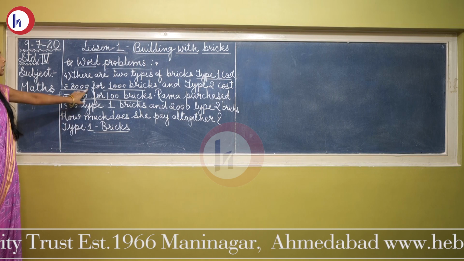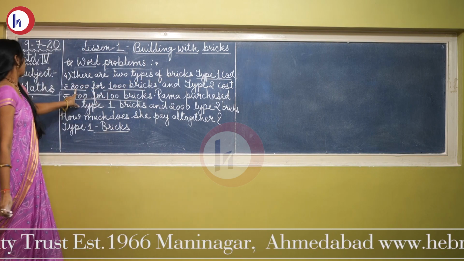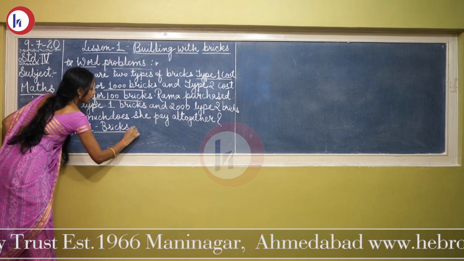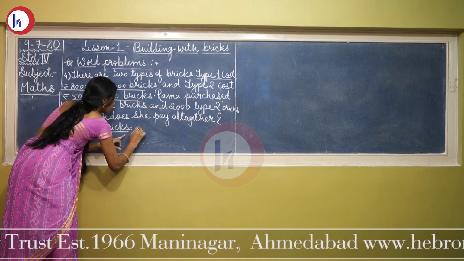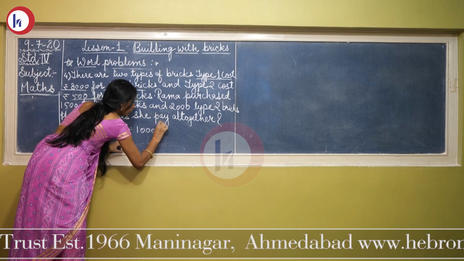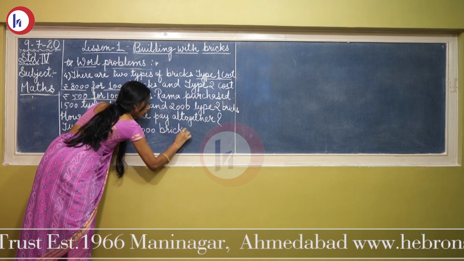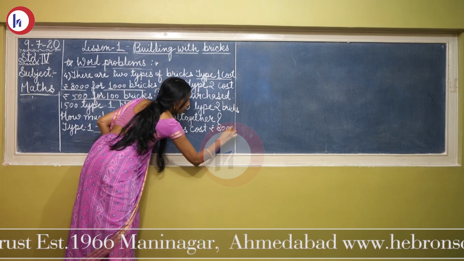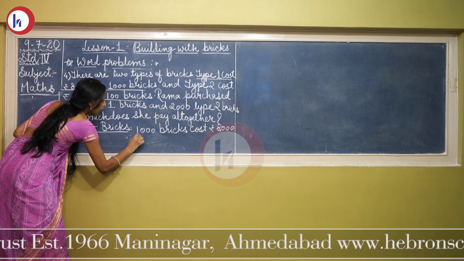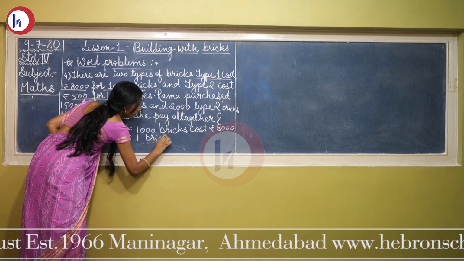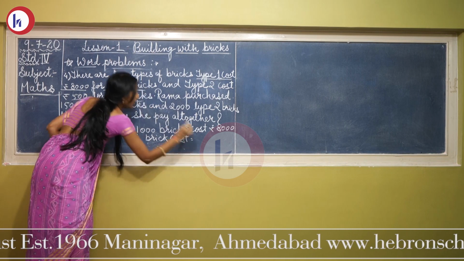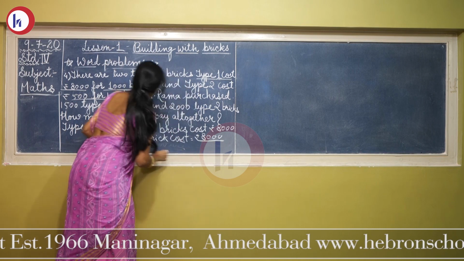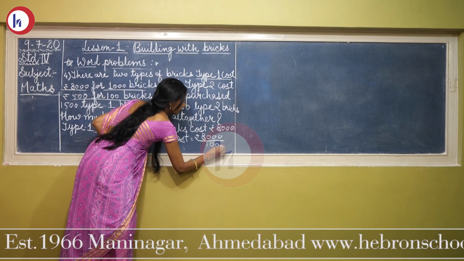So, type 1 brick. First of all, see, type 1 bricks, 8,000 rupees for 1,000 bricks. 1,000 bricks cost rupees 8,000. So 1 brick cost will be rupees 8,000 divided by 1,000.